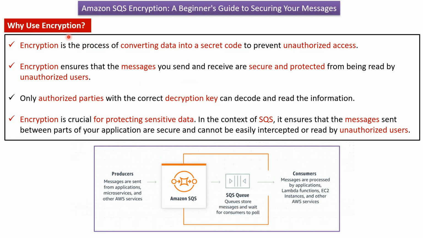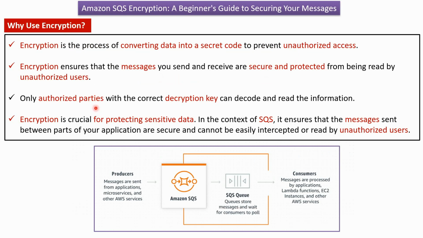Why do we have to use encryption? Encryption is the process of converting data into a secret code to prevent unauthorized access. Encryption ensures that messages you send and receive are secure and protected so that unauthorized users cannot access or read the message.